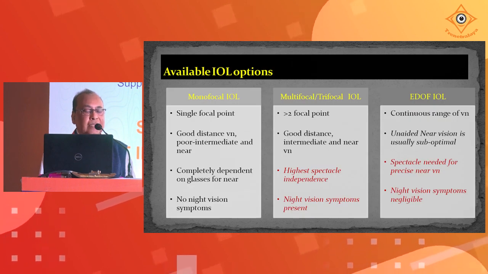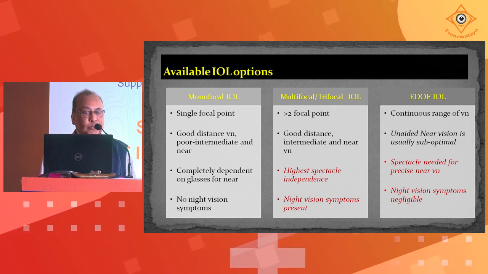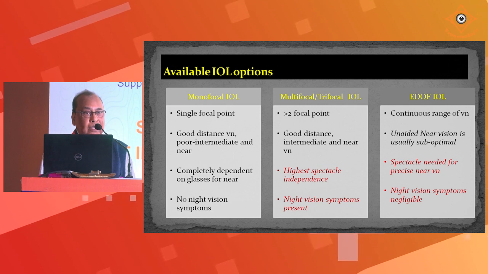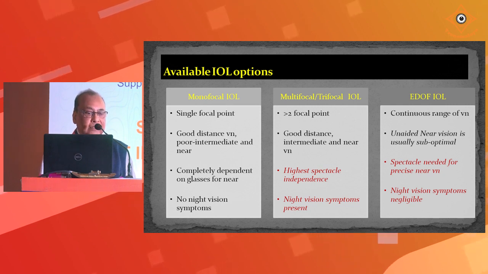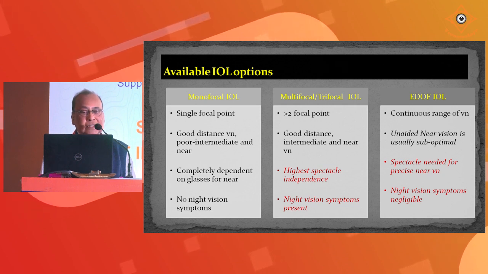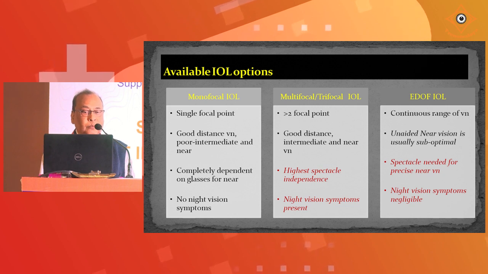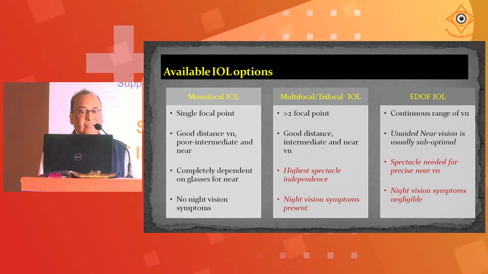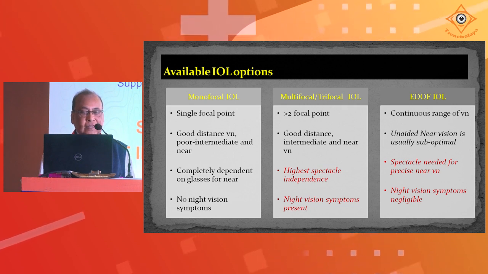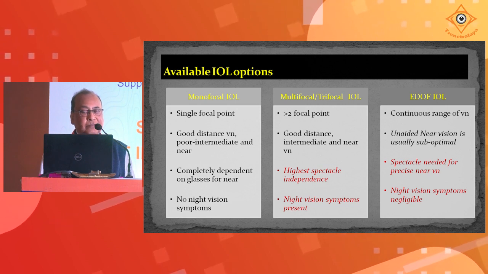So a comparison head to head, a monofocal has a single focal point, gives you a good distance vision, poor intermediate and near vision. You have to be completely dependent on glasses, but the advantage is no night vision symptoms. The multifocals or the trifocals have more than 2 focal points, has good distance, intermediate and near vision, has the highest spectacle independence, but there are night vision symptoms which are present with that.